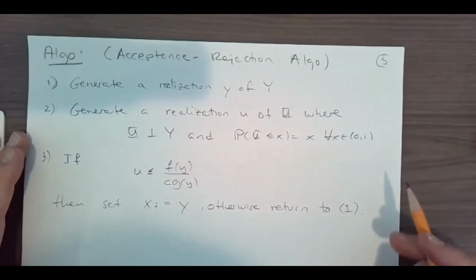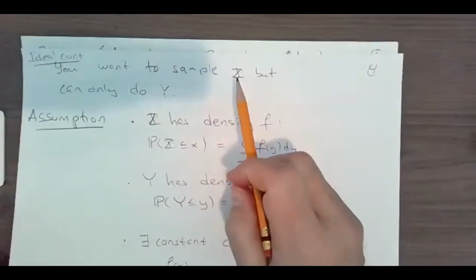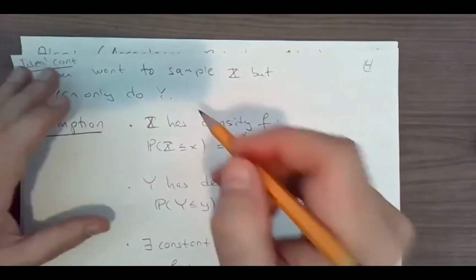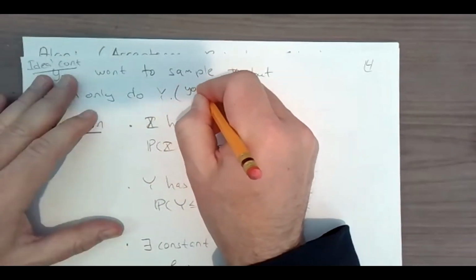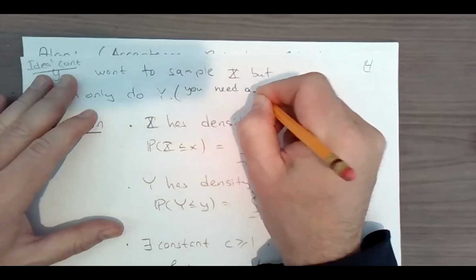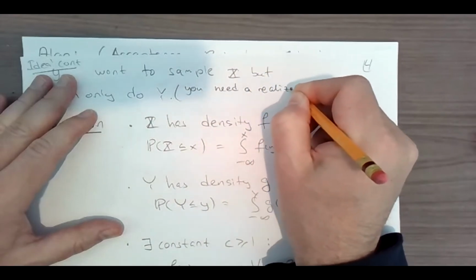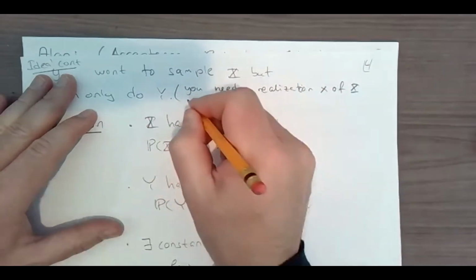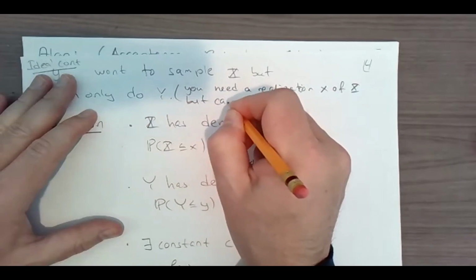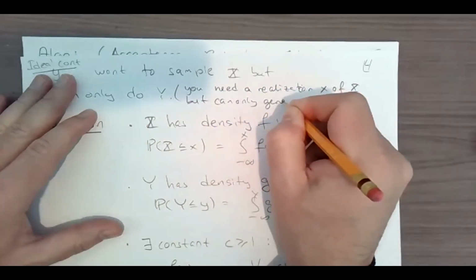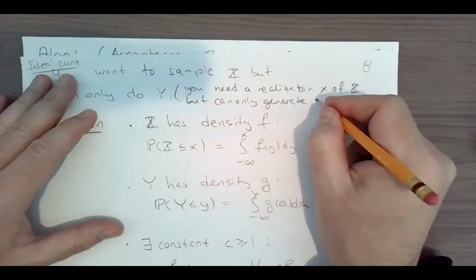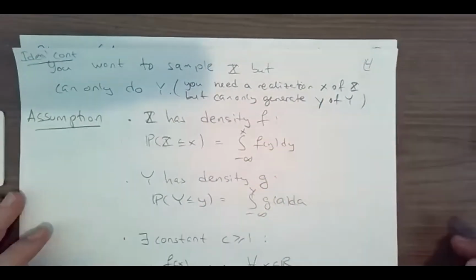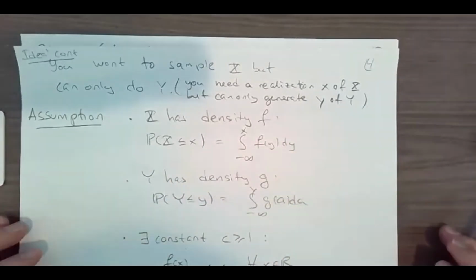If you want to generalize, you want to sample x, but you can only do Y. So you need a realization x of capital X, but can only generate y of Y. So how do you get your hands on an x when you can only get y?